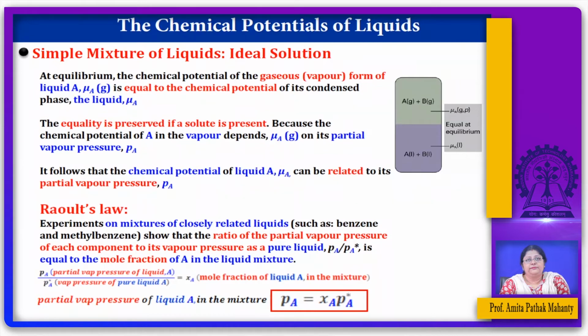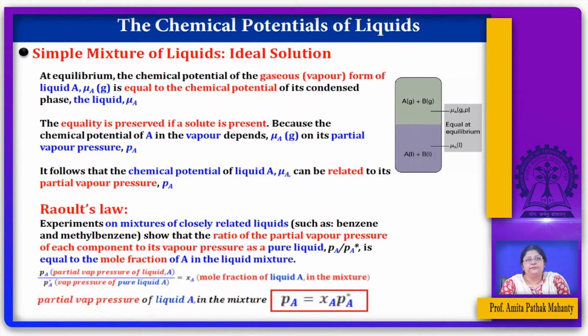What Raoult did was experiments with a large number of mixtures, where one was solvent and one was solute, but all these solvent and solute systems had similar structures, like benzene and methyl benzene, that means benzene and toluene. They are structurally similar.